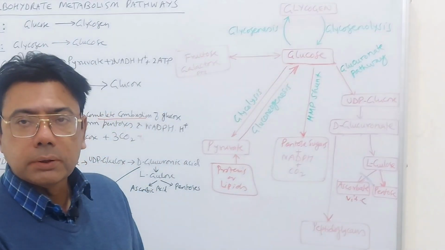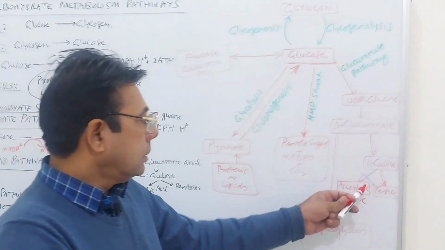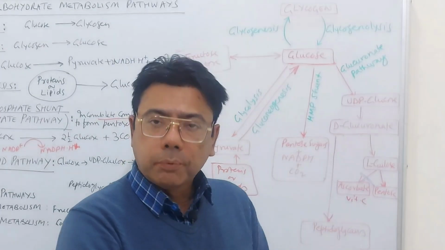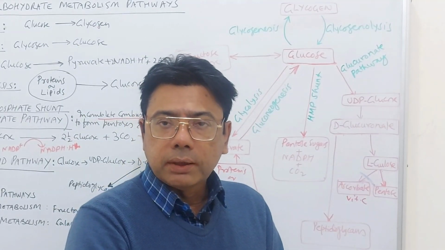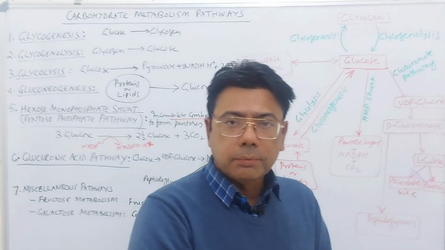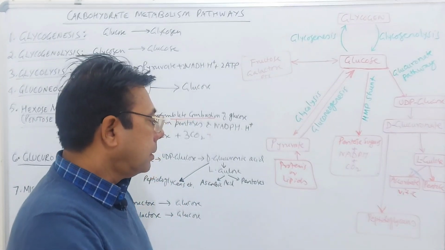The enzyme responsible for this step is lacking in humans. So vitamin C cannot be synthesized through this pathway in our bodies, and that's why we have to take vitamin C from outside, and that's why we call it a vitamin in the case of humans. But this is not so in the case of many other animals.